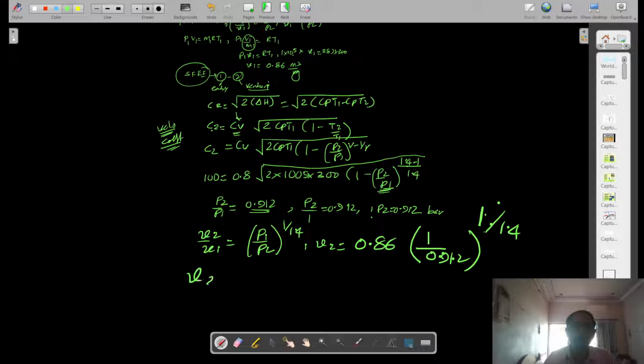So the value of V2, the specific volume at point number 2, you get 0.919 meter cube per kg.